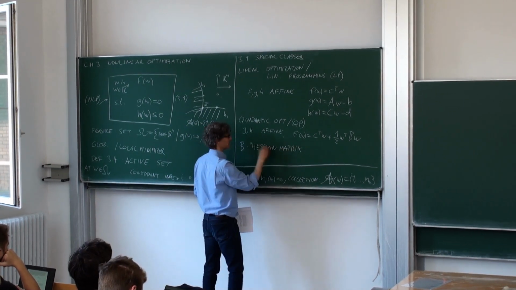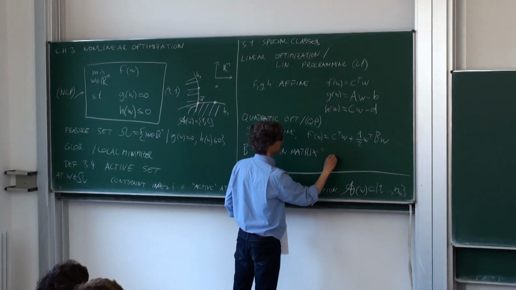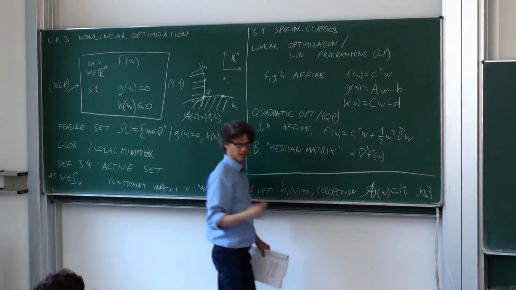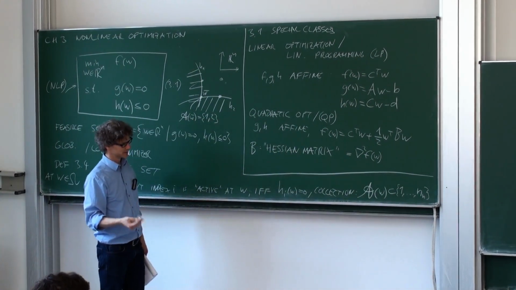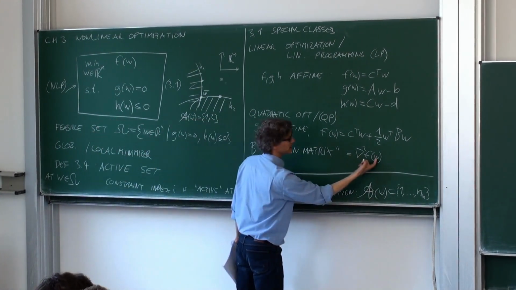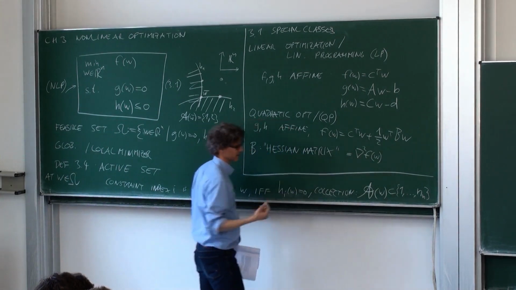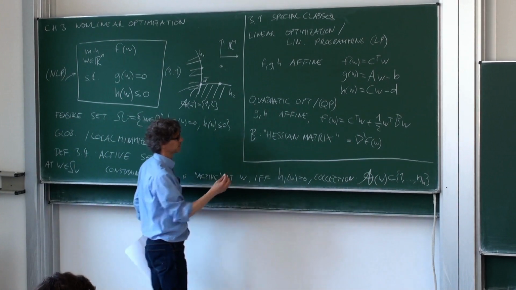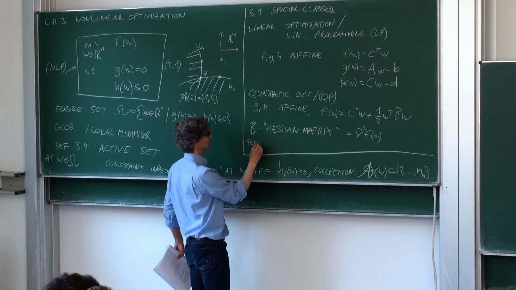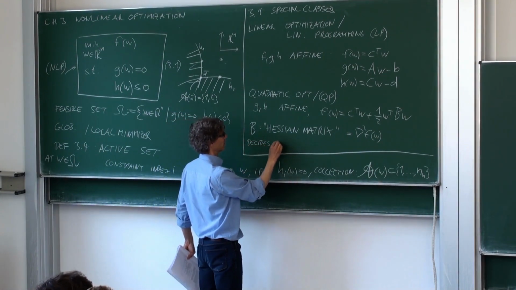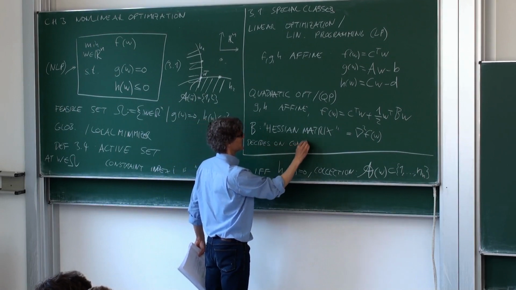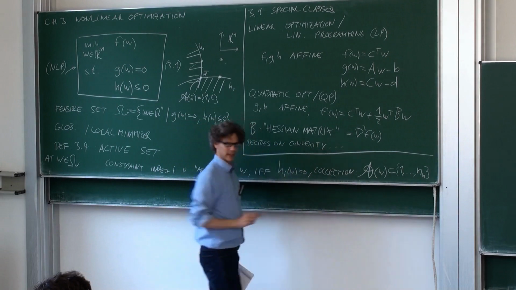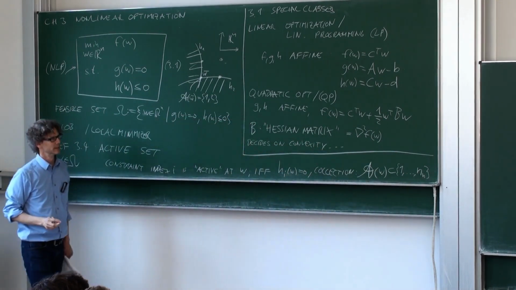Because it is the second derivative of the objective. At any point, it's a constant second derivative, so it doesn't matter which w I use to evaluate it, it's the same second derivative everywhere. And this matrix decides on convexity or not. But I will outline convexity in a minute.